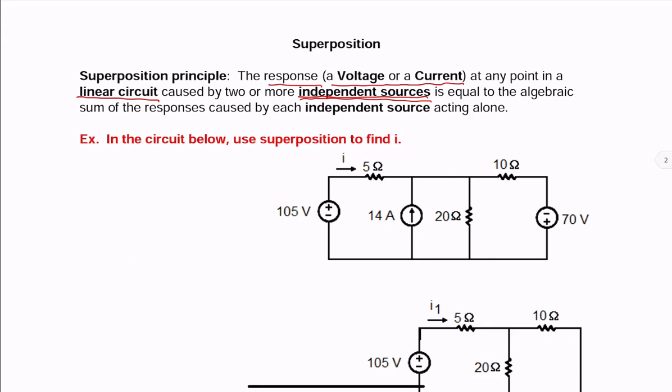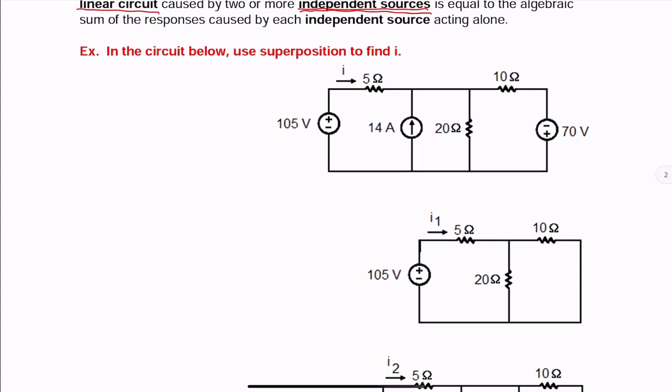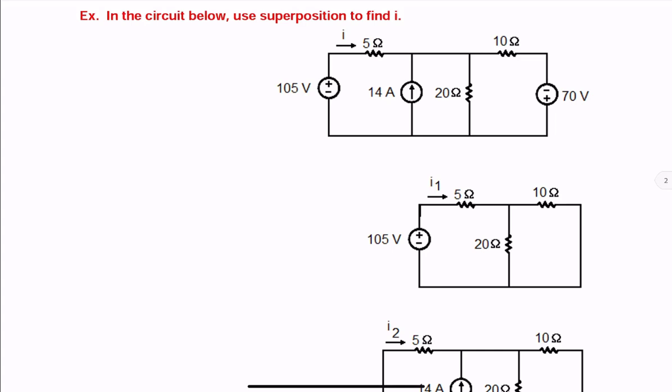So in this example, we want to find current I passing through the 5 kilo ohms on the top using superposition. We have three independent sources. We want to keep them one at a time. So initially, let us keep the 105 volt source, and we want to kill the other two sources.